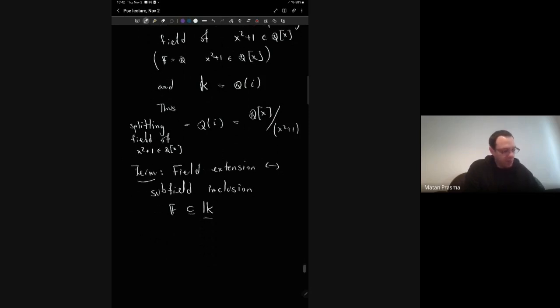For example, in this case, of course, C is a field extension of Q, because it's a field containing Q, such that the operations are the same, but C is not a splitting field of x squared plus 1, because it's not minimal, for example.